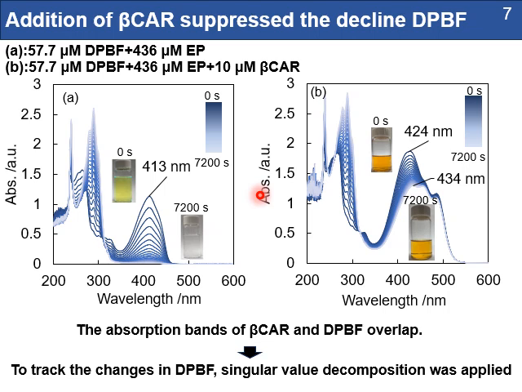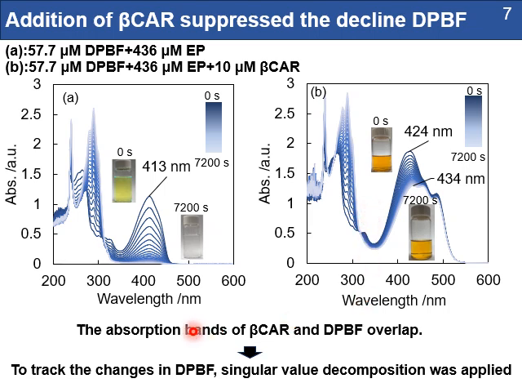In contrast, graph B shows the spectrum when beta-carotene is added. The decomposition of DPBF is suppressed. However, since the absorption bands of beta-carotene and DPBF overlap, it is not possible to track the amount of DPBF decomposition.